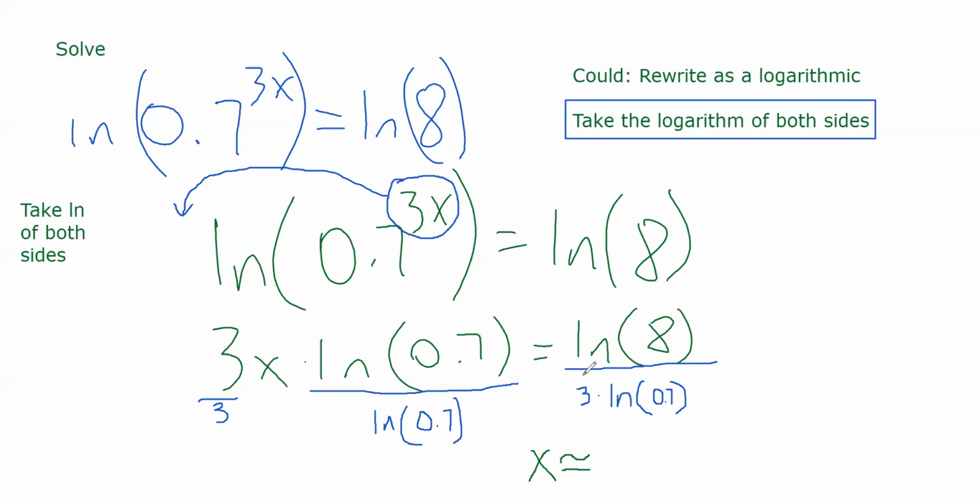So now we need to do the natural log of 8 divided by 3 times the natural log of 0.7. Some wisdom I would give you is to put this entire denominator in parentheses when you input it into the calculator. That way it'll know to do the 3 and the natural log of 0.7 all as the denominator here. And I'll compute it with you just so you can compare, make sure you get the same thing.